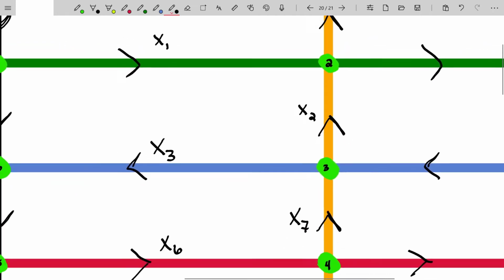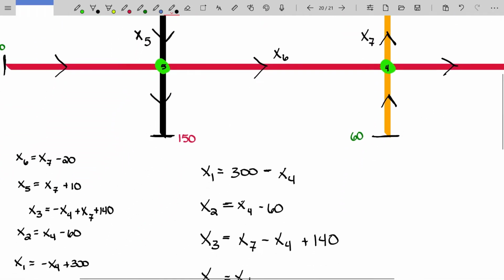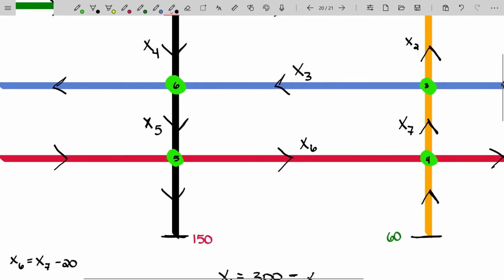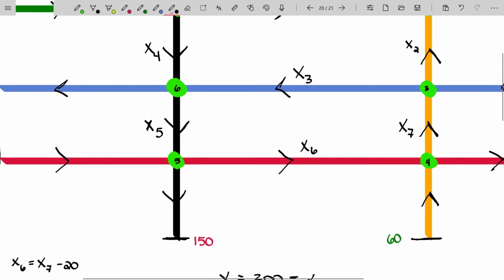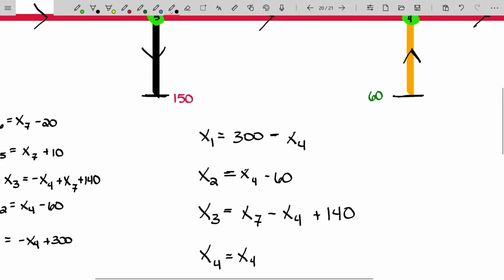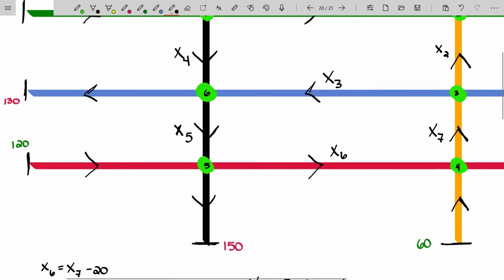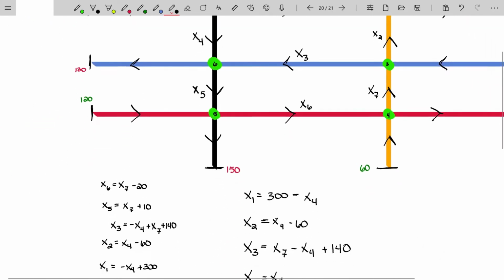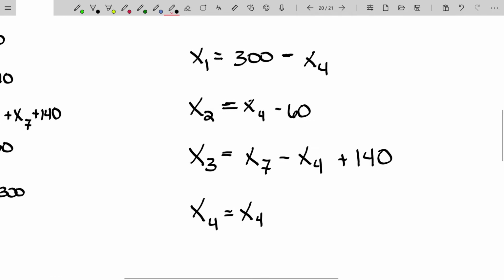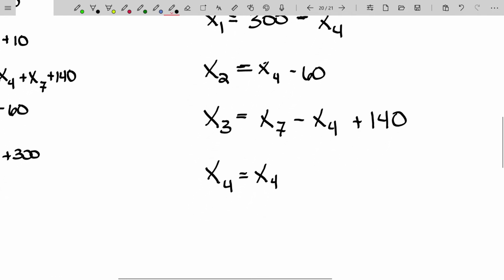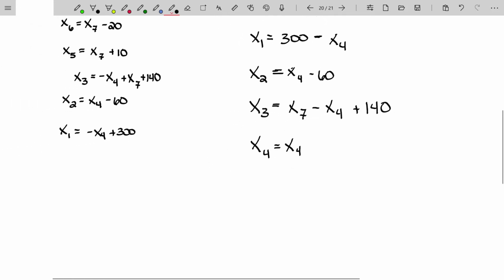Now, if you put a traffic strip at x sub 4, which is on Black Street between green and blue, that'll help us find out the traffic pattern on Blue Street, which is x sub 3, but it won't give us the full pattern because we still need another strip somewhere else.